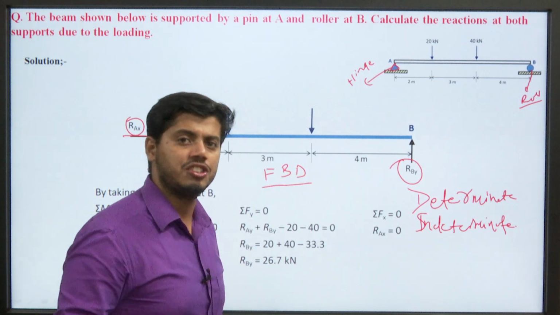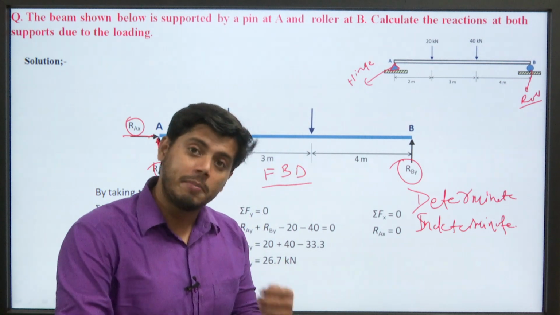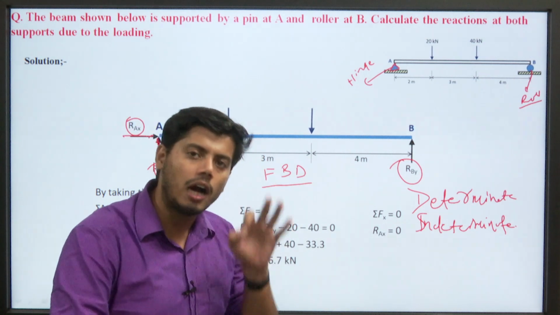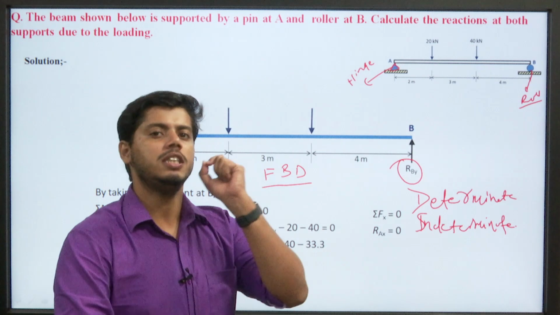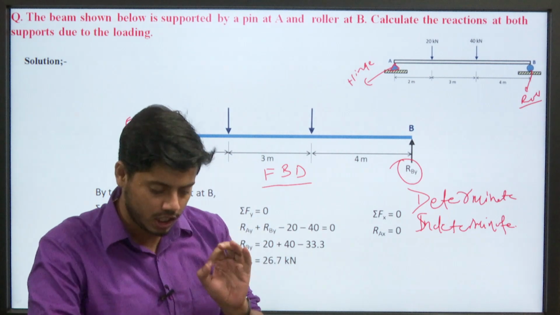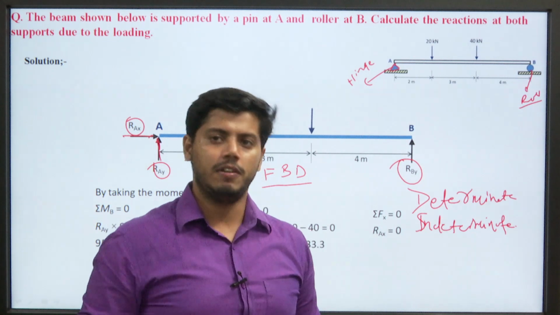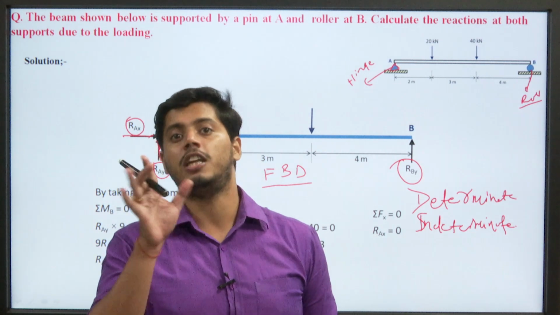What do you mean by a determinate structure? Determinate structures are those structures in which unknown forces can be calculated using only the equilibrium equations. Such a structure is said to be a determinate structure.